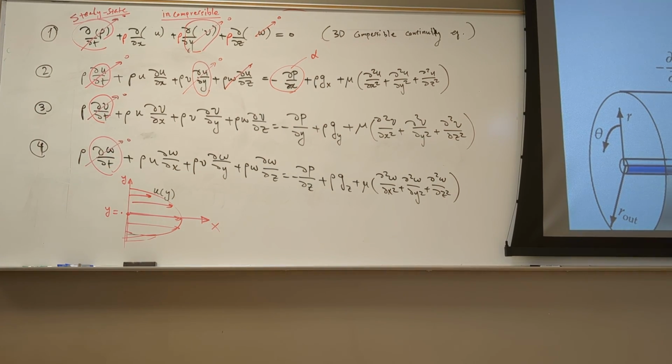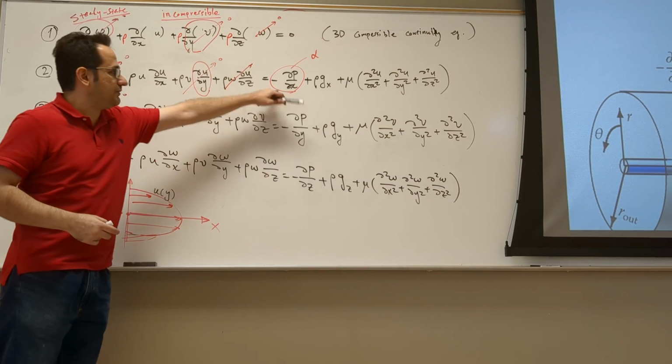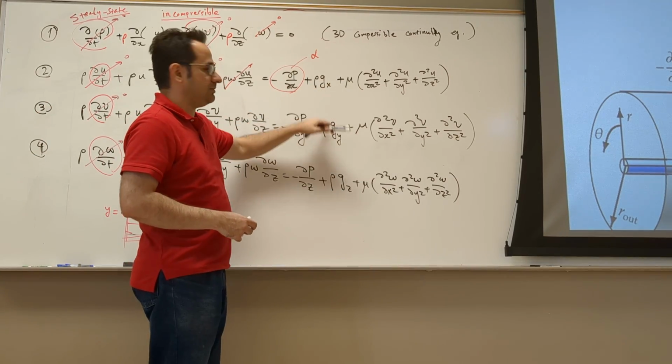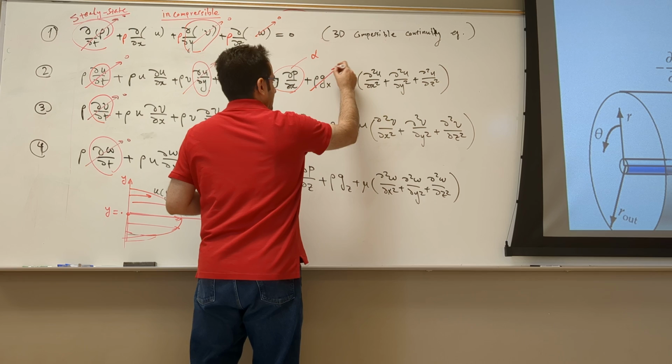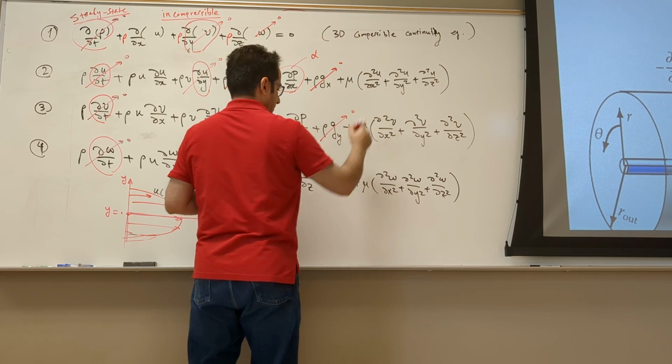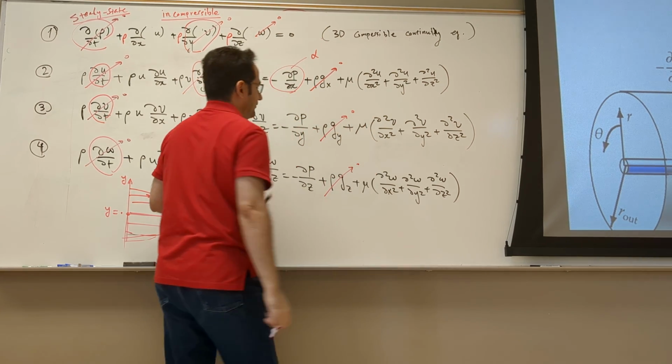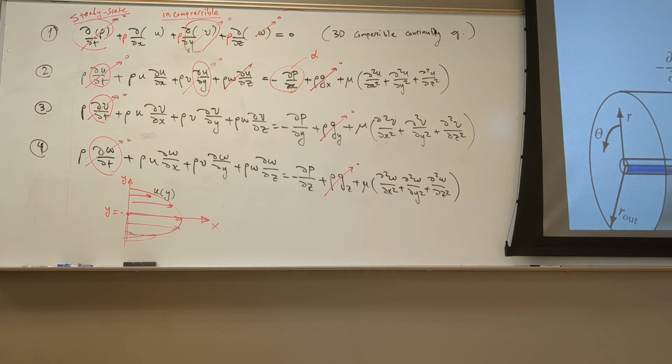G is not always zero, but in this case we can say it is negligible compared to the pressure force. The gravity is not the driving force. The driving force is the pressure difference that causes the flow.